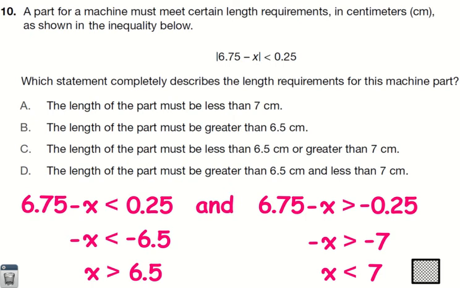Them's the rules, right? And so you get this and this, which is basically just completely written out, I guess, in D? Yeah. Woo! Absolute value inequalities.